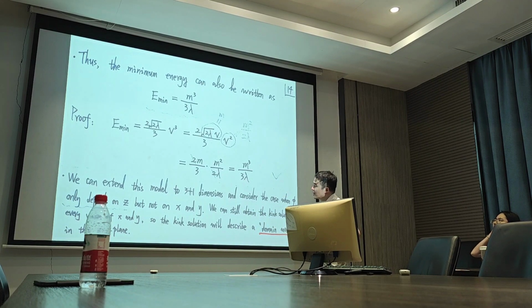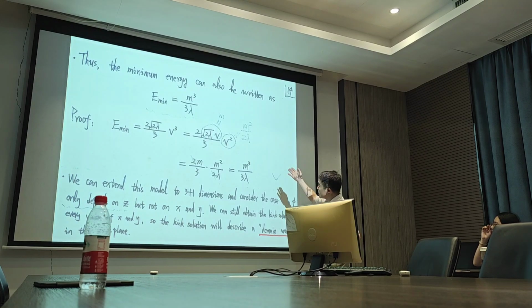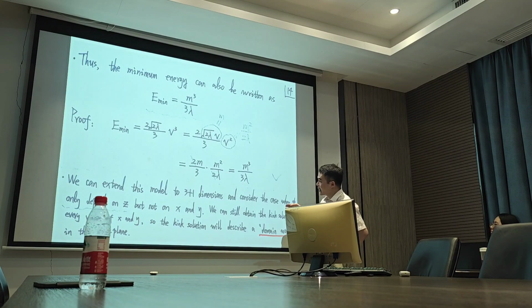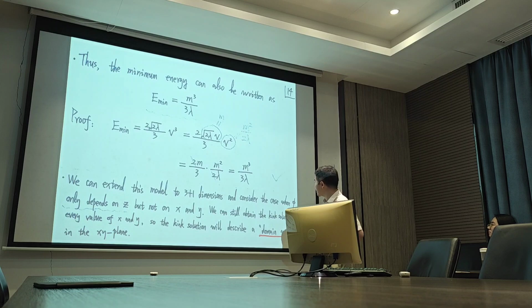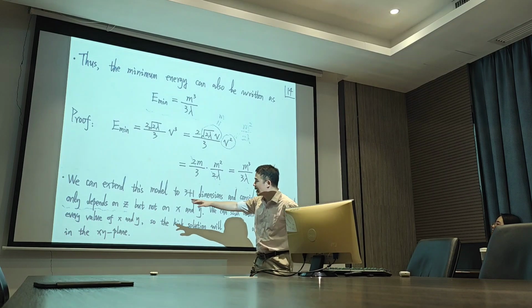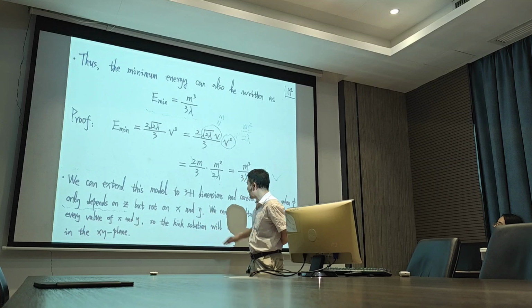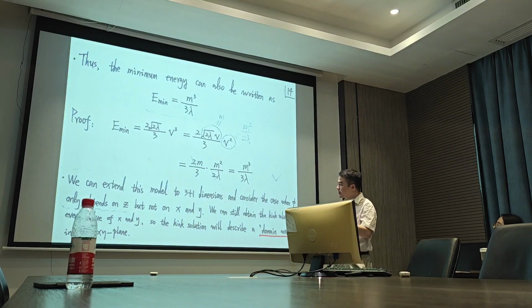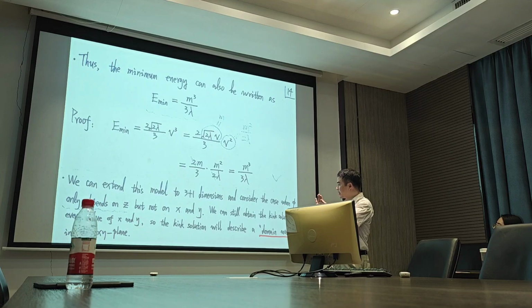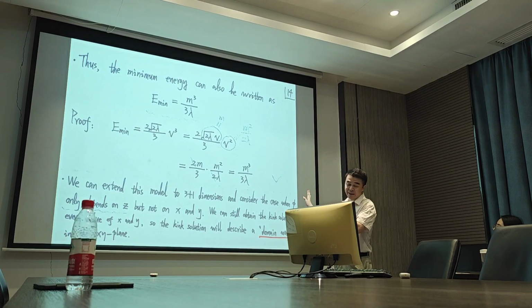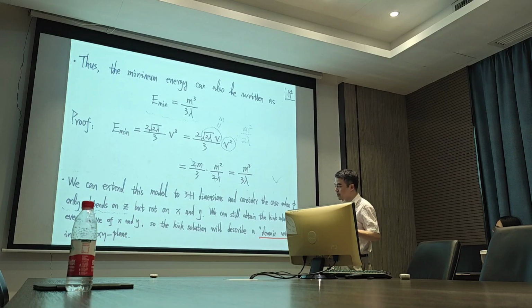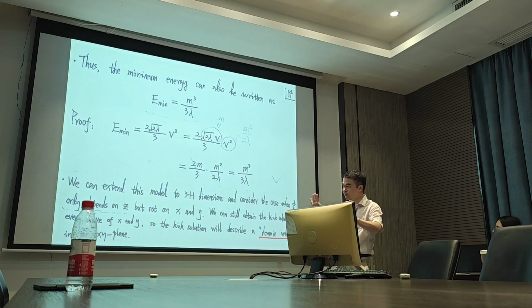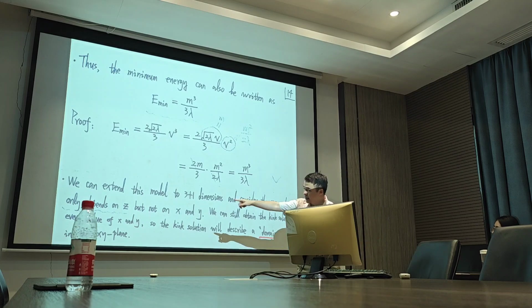Although this model is discussed in two dimensions, we can extend it to the four-dimensional case. We can consider the case when phi only depends on z, but not on x and y. So the field configuration only depends on z, and for every x and y they are degenerate. So it is like a wall. It's called a domain wall because in the x and y dimensions they are like a wall, as the field configuration only depends on z.